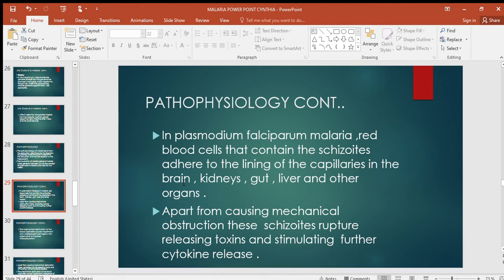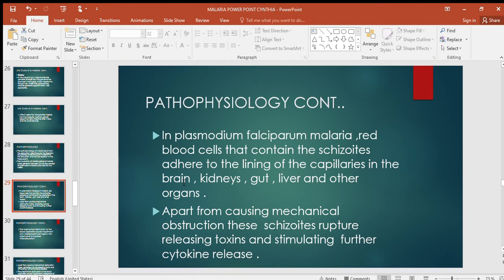The parasites have entered in them. So they'll become so heavy that they won't move the way they are supposed to move in the blood vessels. As a result, they are going to adhere to the lining of the blood vessels. This will cause mechanical obstruction. It's like they will obstruct the normal flow of blood in the blood capillaries.